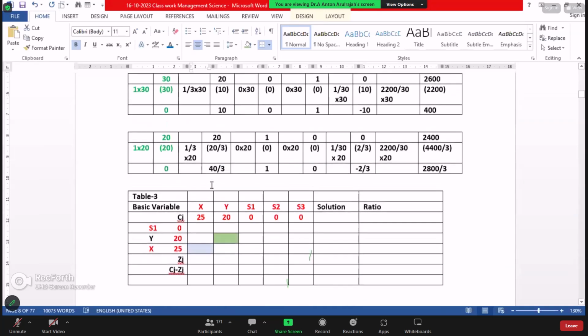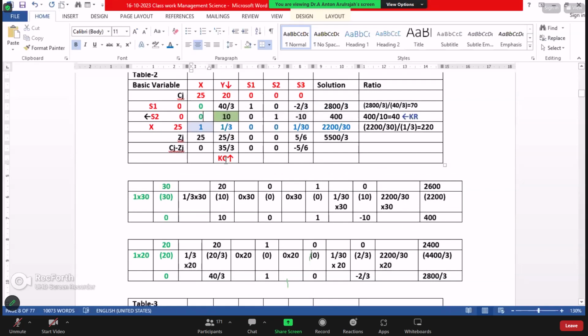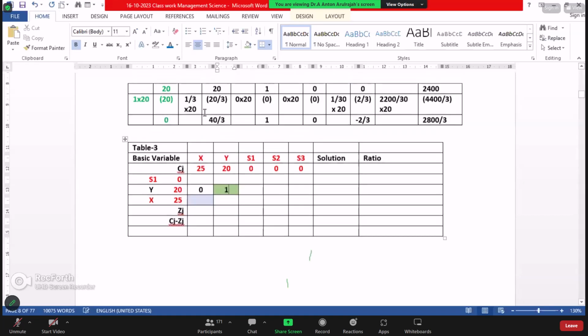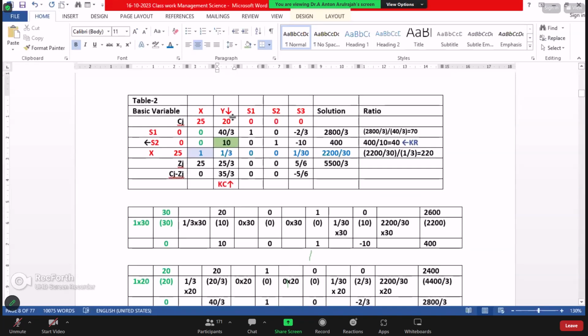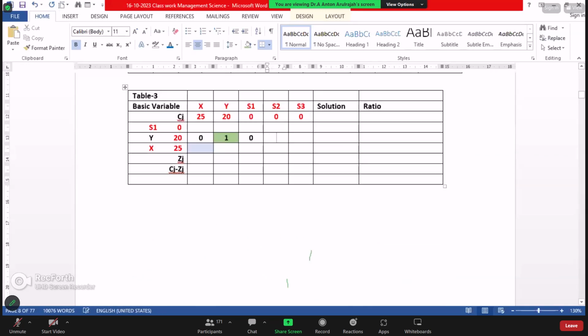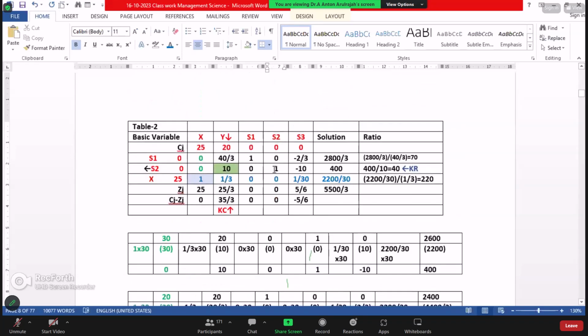So therefore, 0 divided by 10, 0, 0, right? Then this is 1, 10 divided by 10, 1. This is 0 divided by 10, 0. Next one is 1 by 10, right? 1 by 10.